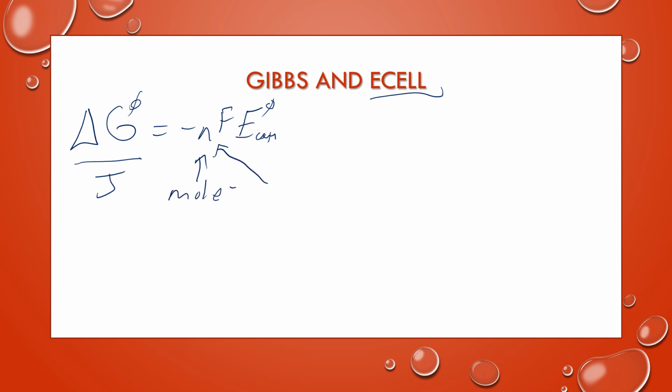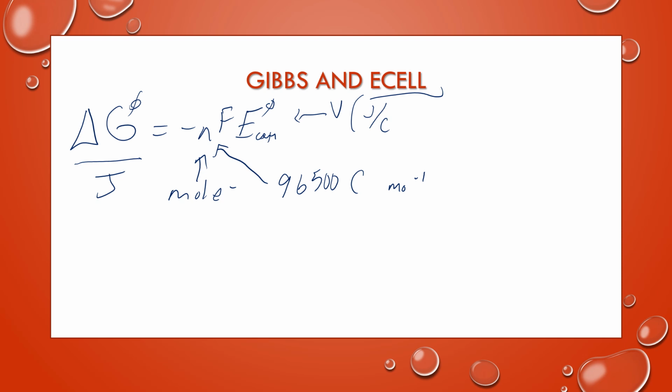F is Faraday's constant, which is 96,500, and the unit there is coulombs per mole of electrons. And then cell potential, of course, is volts, which is joules per coulomb.